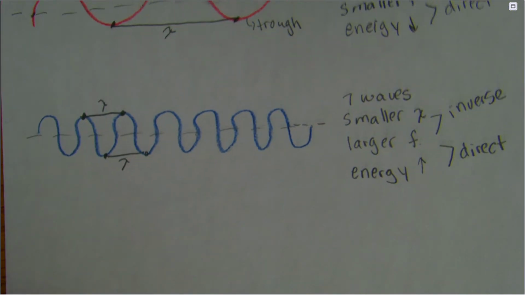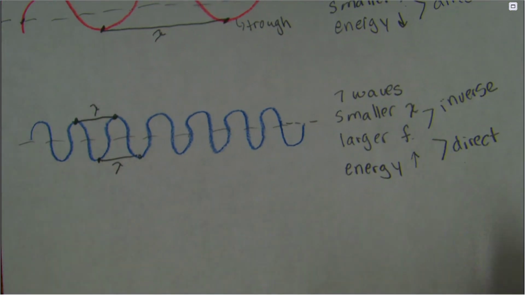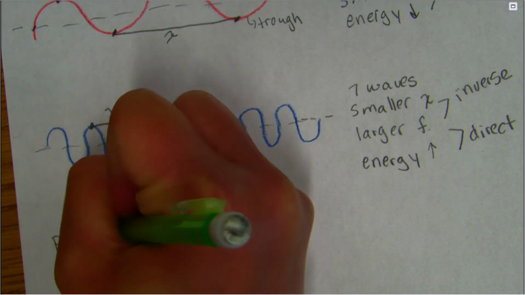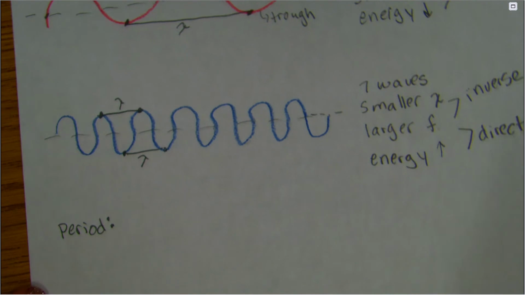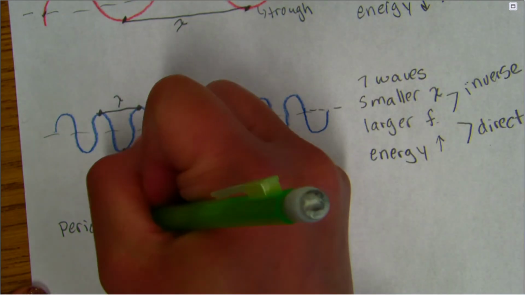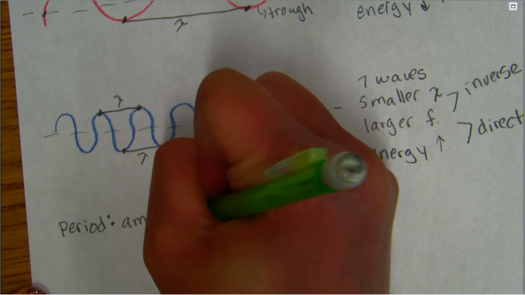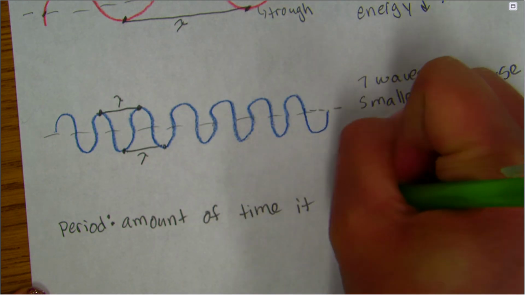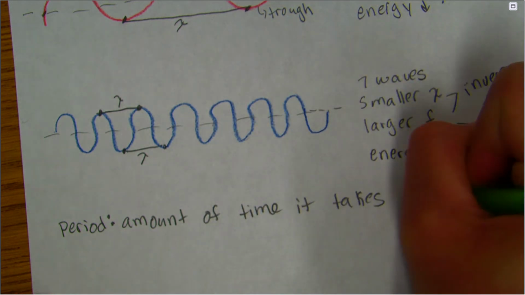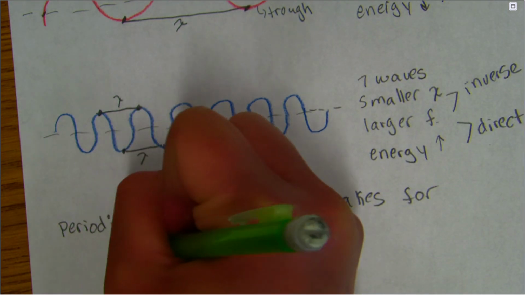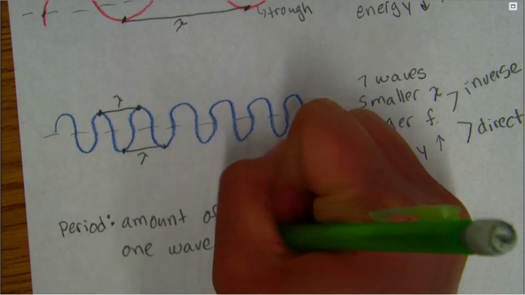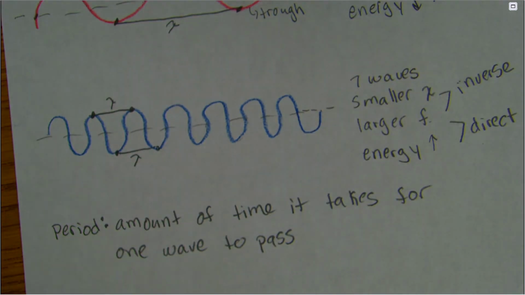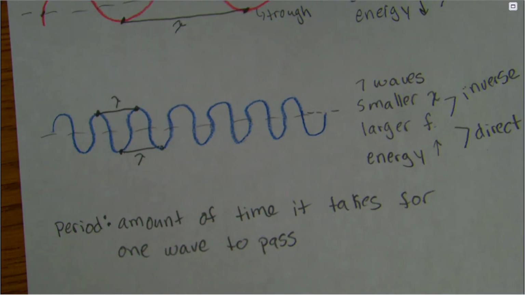One more thing. We can also find the period. The period is defined as the amount of time it takes for one wave to pass. So period would be the amount of time it takes for one wave to pass.